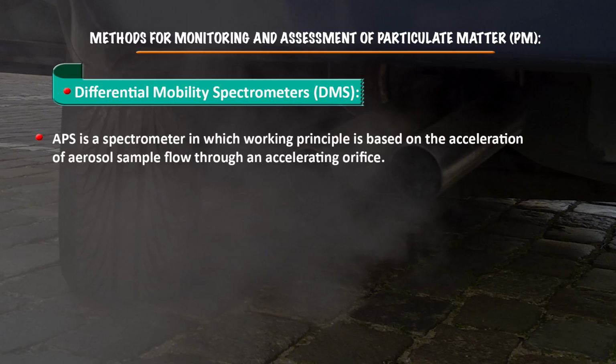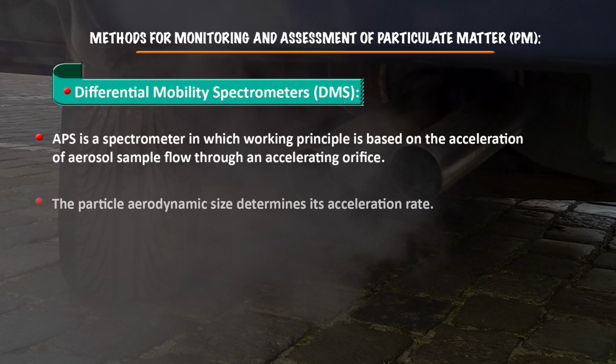If you see the diagram, you can understand this better. APS is a spectrometer whose working principle is mainly based on the acceleration of the aerosol sample that flows through an accelerating orifice. The particle aerodynamic size determines its acceleration rate.